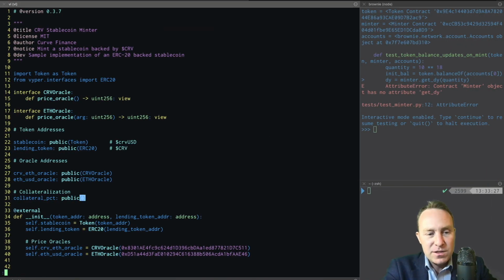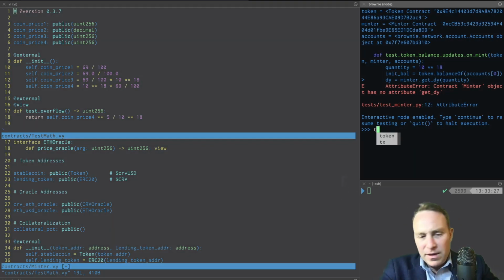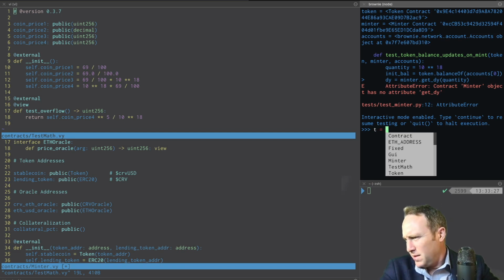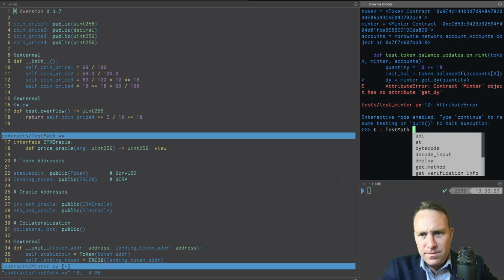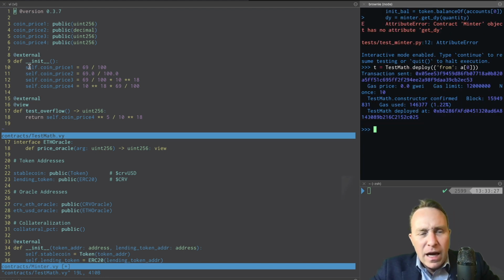And in doing so, let's walk through some of the peculiarities that we need to watch out for when we're dealing with math. So looking over this TestMath.vy, let me go ahead and launch this here. When I initialize this, I've created 4 different basic mathematical functions.